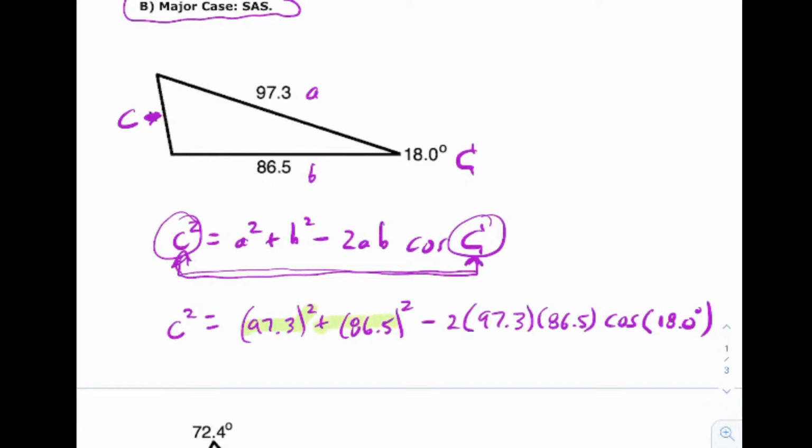Now I hit the minus, and I hit 2. If you want, you can actually enter parentheses. I don't think I have to. I'm just going to say times 97.3 times 86.5 times, and then I hit times again. Cosine of, stick the 18 inside the cosine, close my parentheses. I hit my old equals button, and this is what I got.